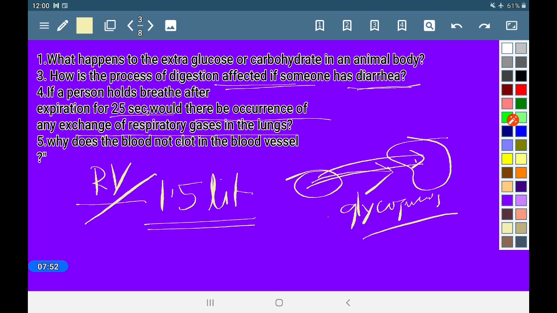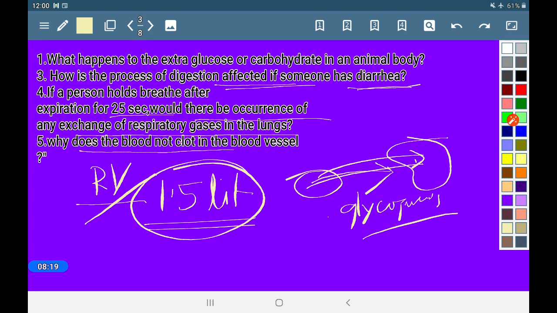Here in our body also there is residual volume. This residual volume means the volume of air remaining in the lungs after full expiration. So 1.5 liters will always remain, so that if at certain times the exchange is not taking place, then there is still air inside the internal systems.